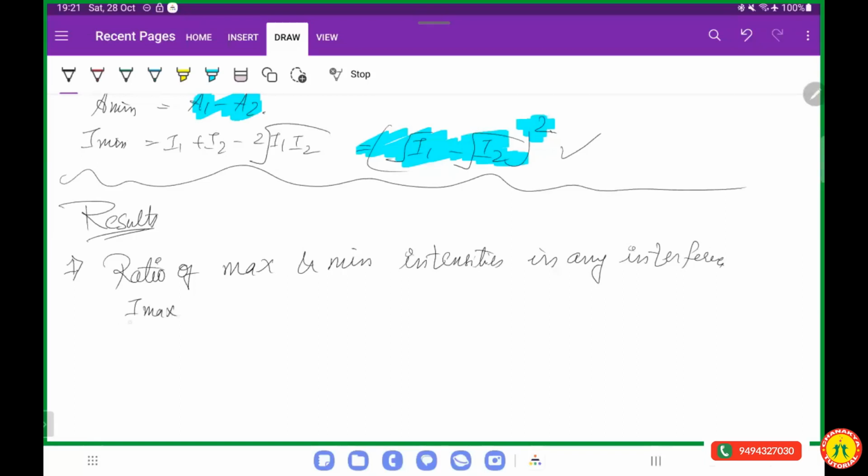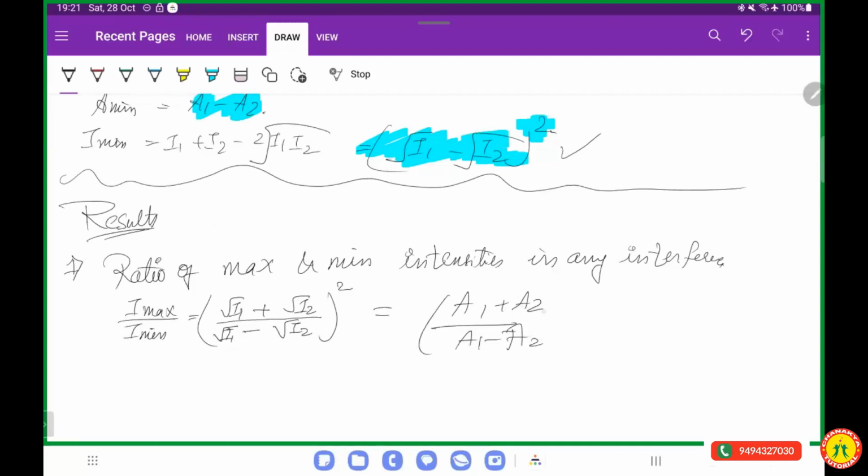So I max by I min, maximum to minimum, equals root I1 plus root I2 by root I1 minus root I2, whole square, because this already is a square, so I made it a whole square, equals A1 plus A2 by A1 minus A2, the whole square.